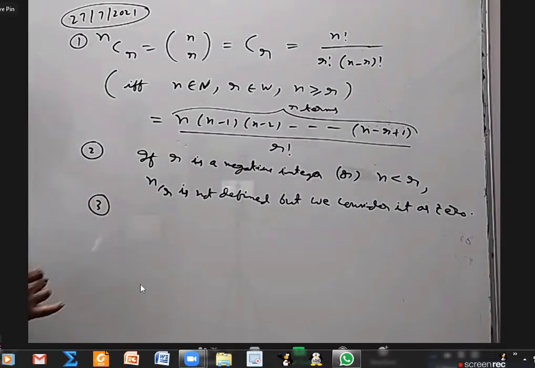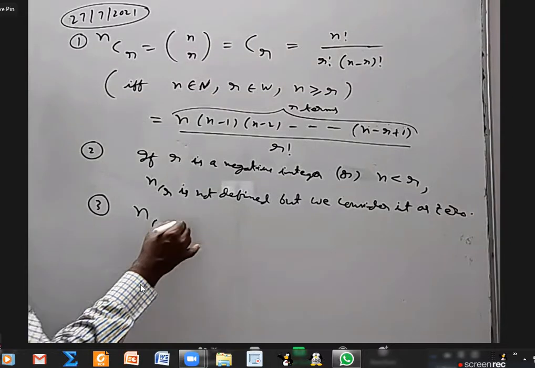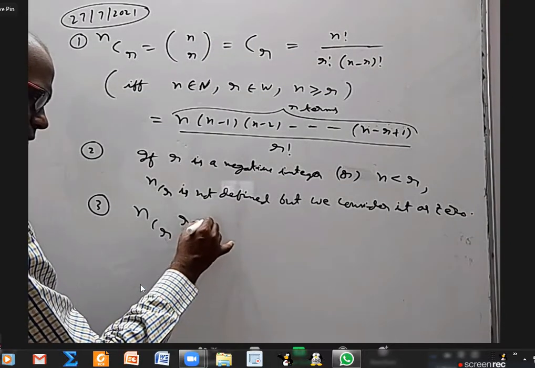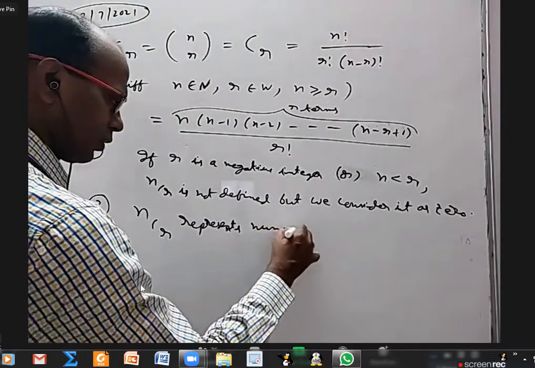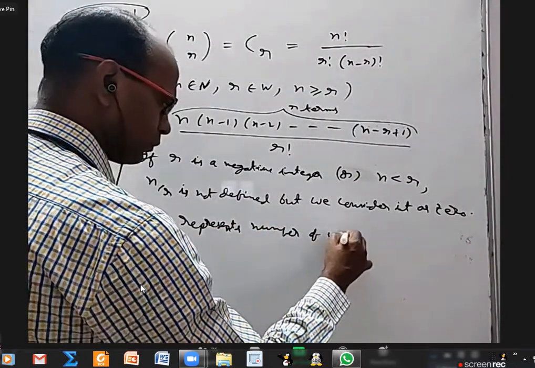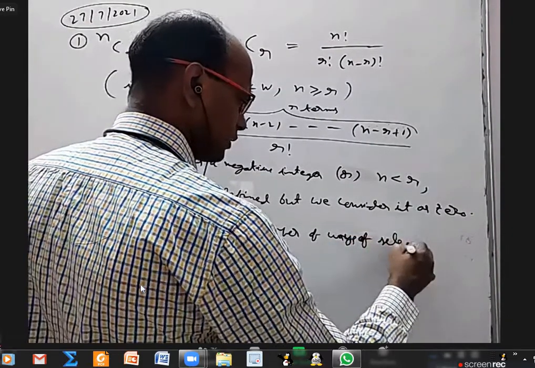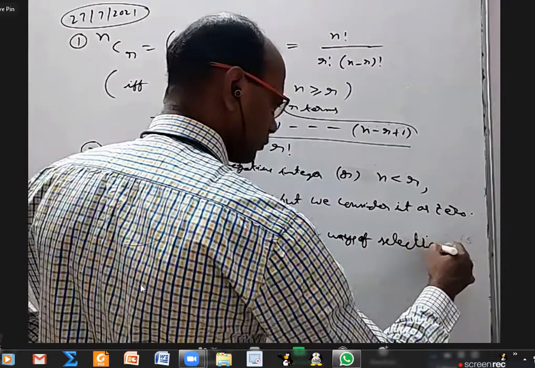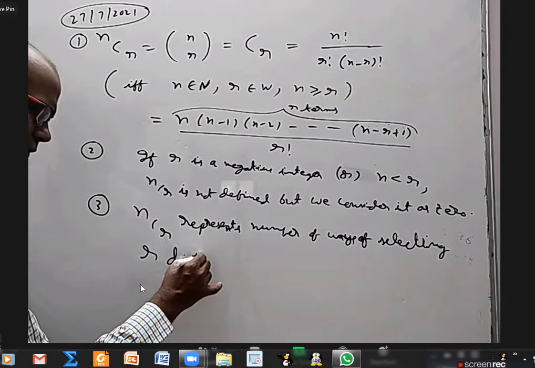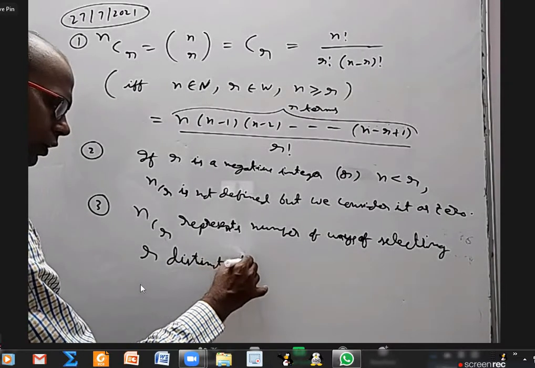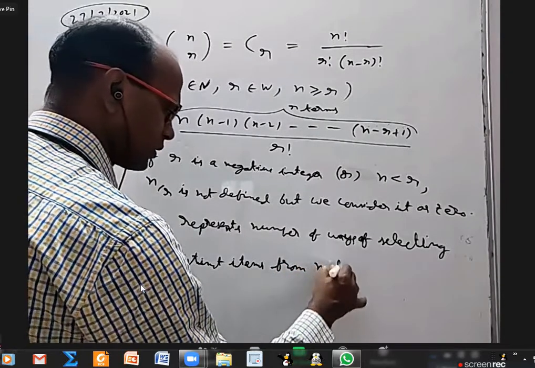In binomial theorem, it may not be required to know so much, but actually NCR represents the number of ways of selecting R distinct items from N distinct items.